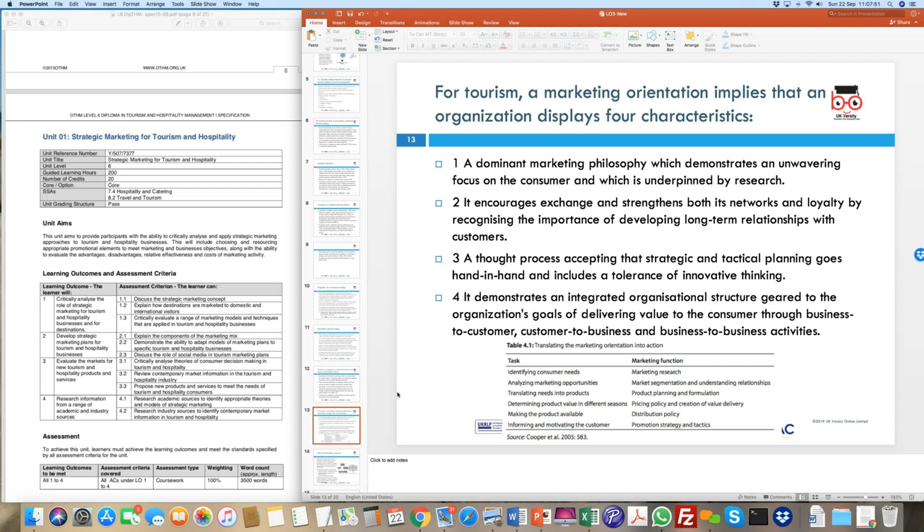At some stage it allows marketers within the tourism and hospitality sector to create offers which go out to consumers in order to bring you back to their ecosystem for spending.